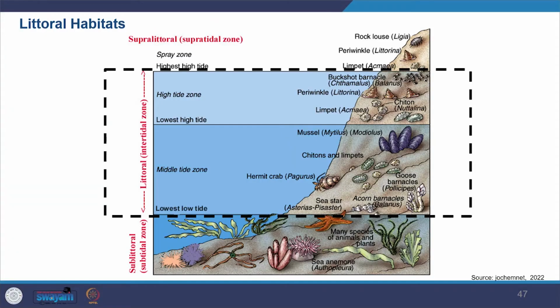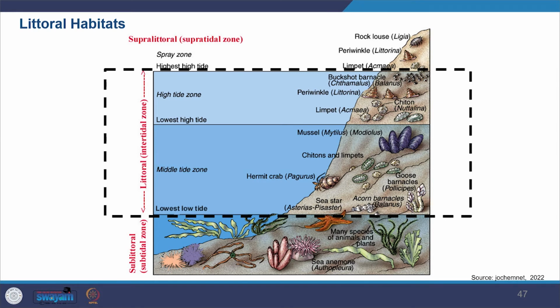And now you look at the littoral habitat. The littoral zone, as we had seen, is a very narrow zone between the high tide and the low tide area, and you would see steep shingle beaches, or you can also have mud flats.